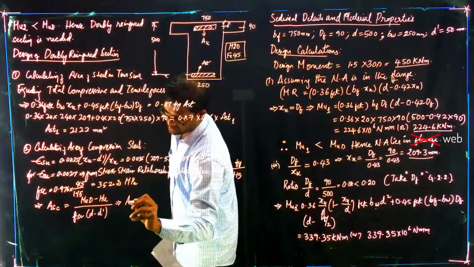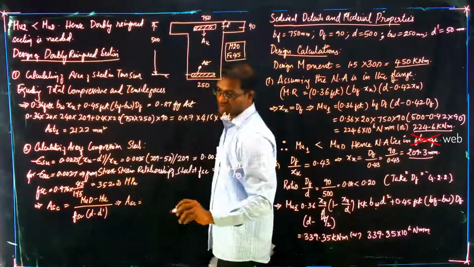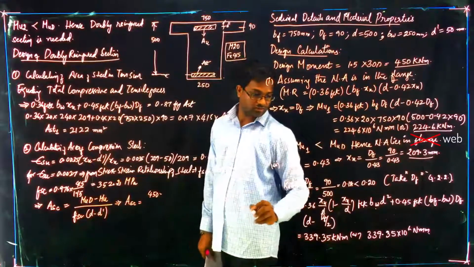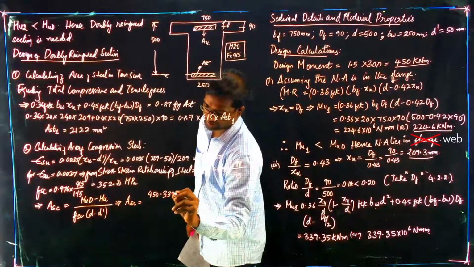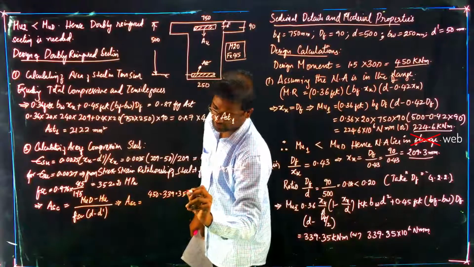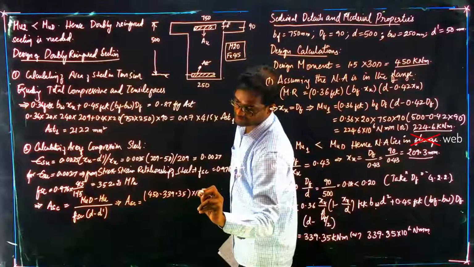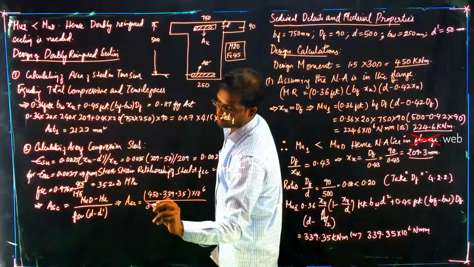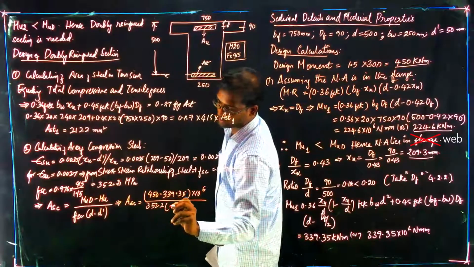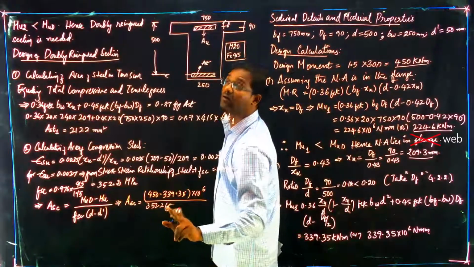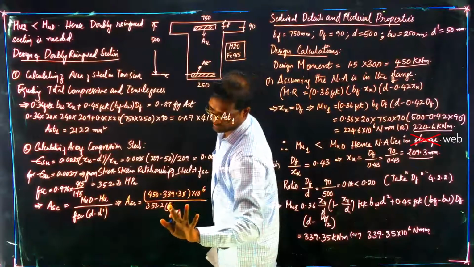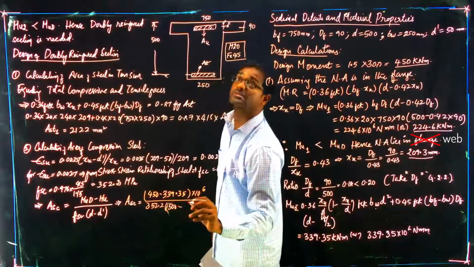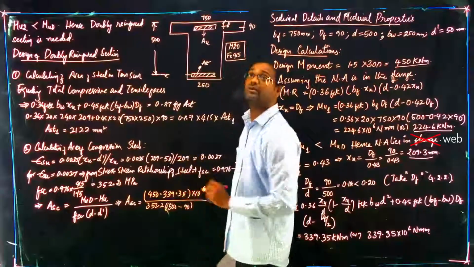That implies Asc can be calculated as design moment 450 minus moment of this beam, 339.35 into 10 power 6 Newton mm, divided by fsc, 352.2, into d, which is 500 minus 90.